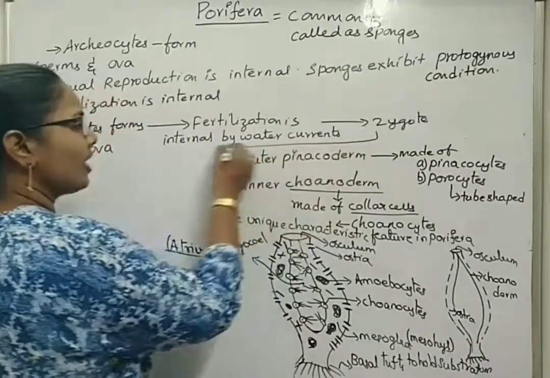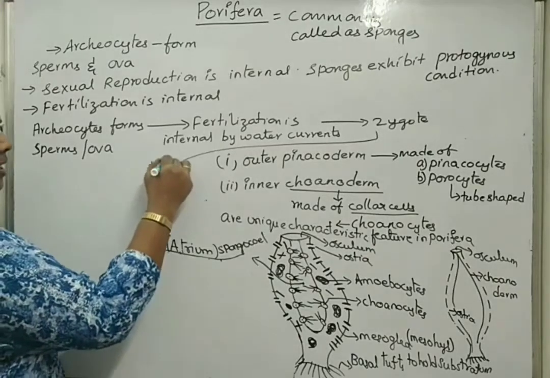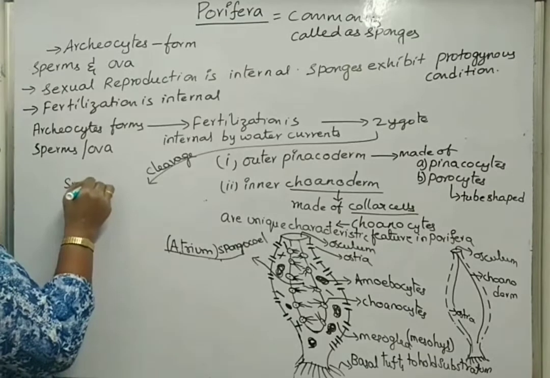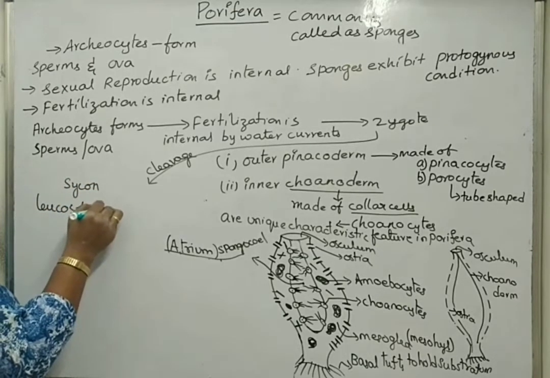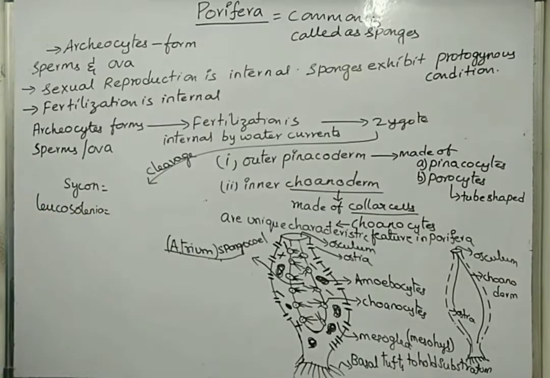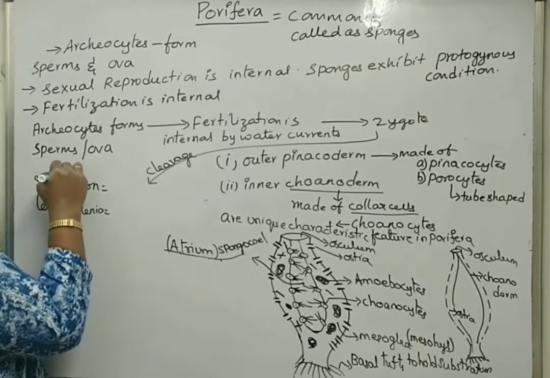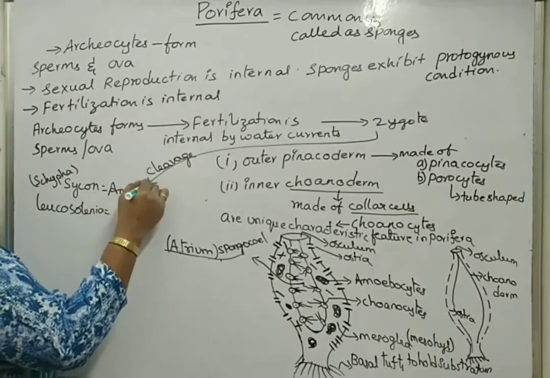After formation of the zygote, in case of Sycon and Leucosolenia, there are larval forms. So cleavage happens from the zygote. In case of Sycon, also called Scypha, the larva is amphiblastula larva.